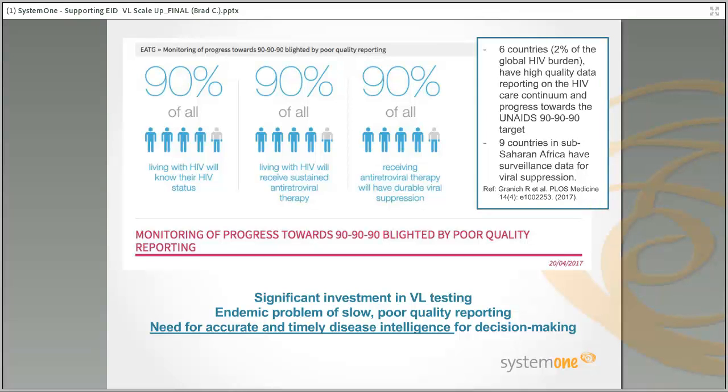And when you're looking to address that third 90, the data reporting is probably the most critical factor in having any trust and any reliability in the reporting of that data. So this really is an opportunity for these systems to provide an intervention that can help with that.